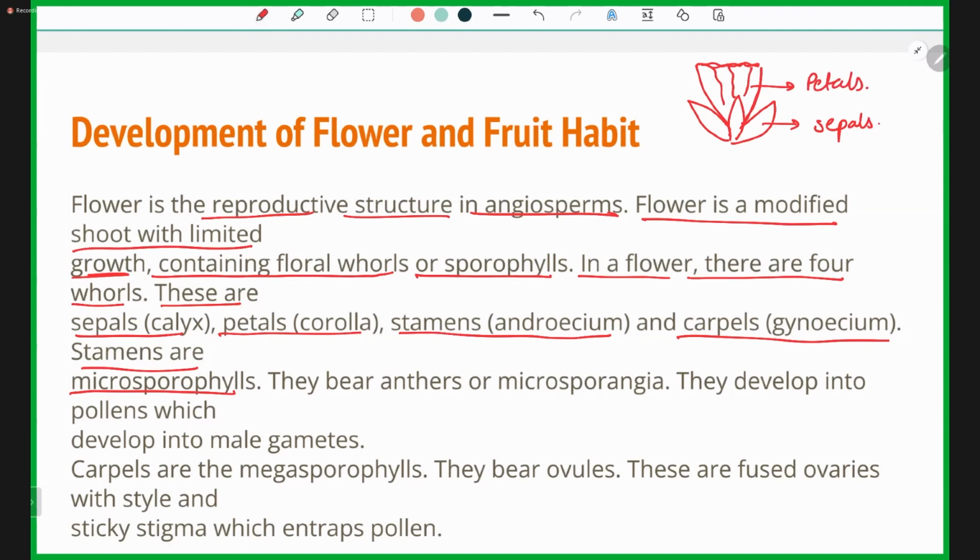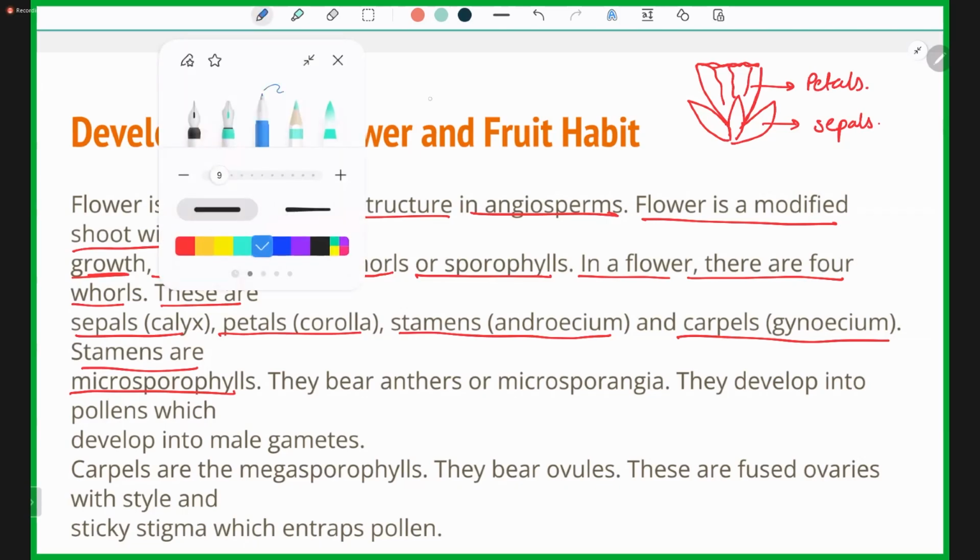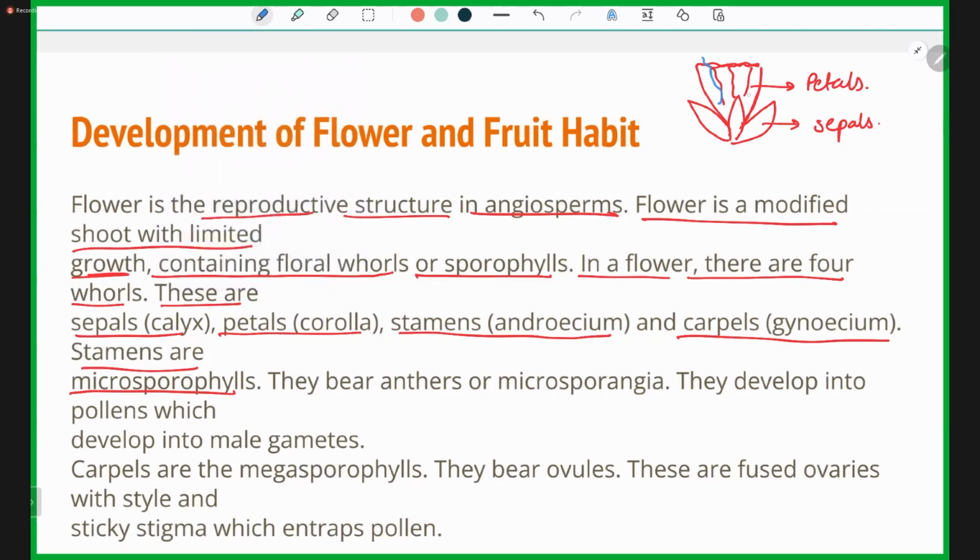Then the flower bears the male reproductive part, which is androecium, and the female part, which is a funnel-shaped structure. It is gynoecium.